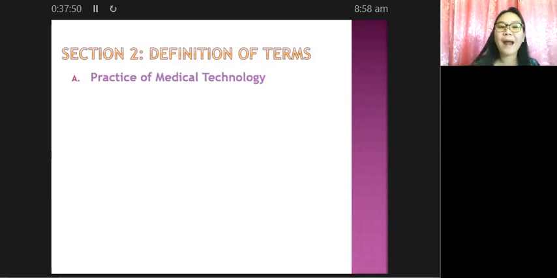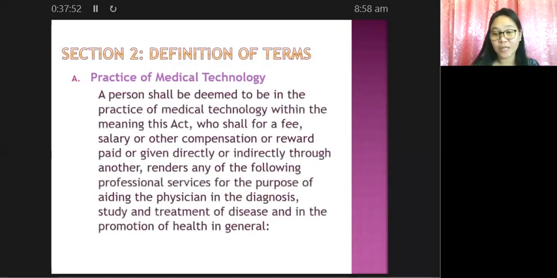We have the practice of medical technology. Oh, by the way, what is the significance of amendments? I think I forgot to mention. Take note that if a particular section or provision of a Republic Act or a presidential decree is amended, that means the amendment becomes the one that we follow.